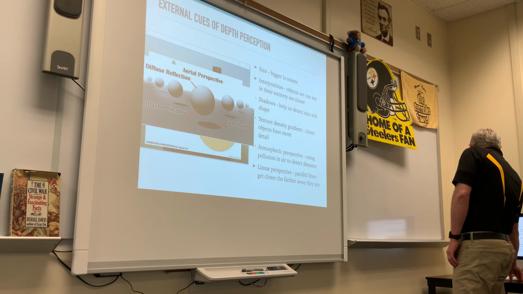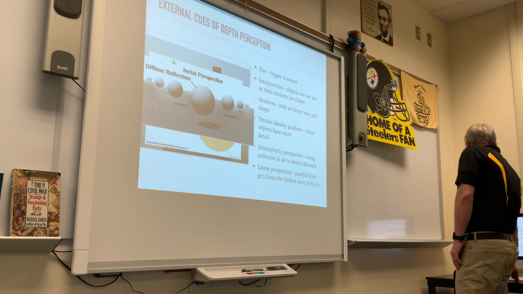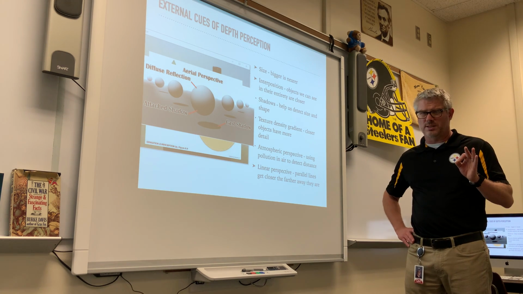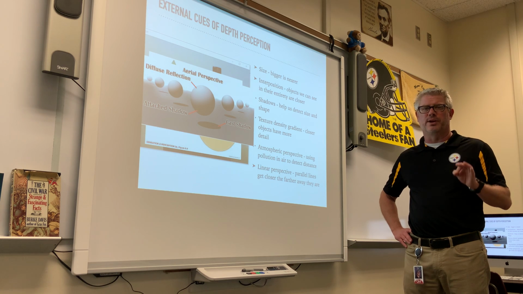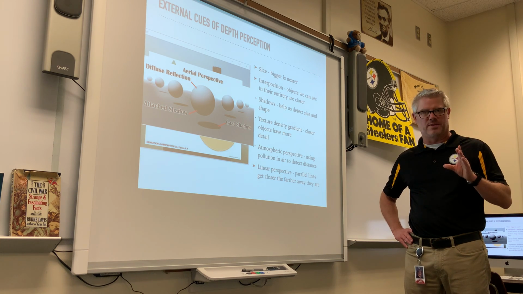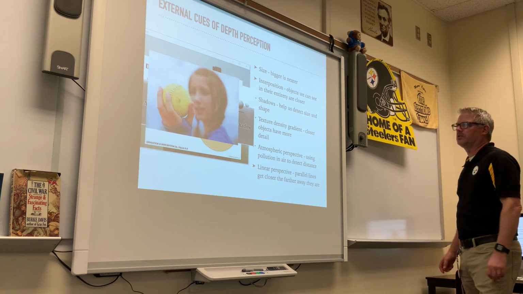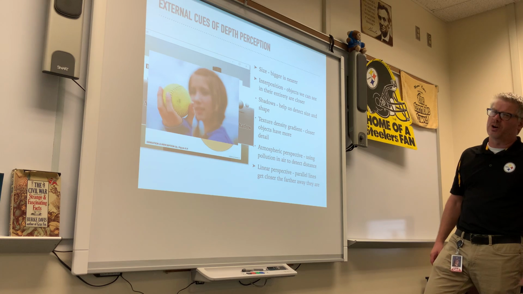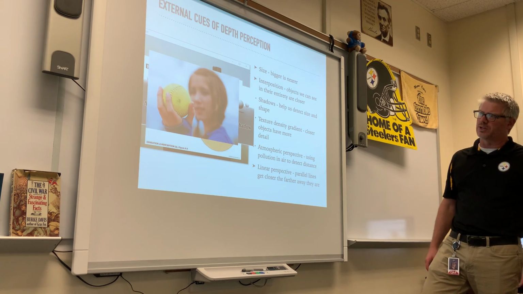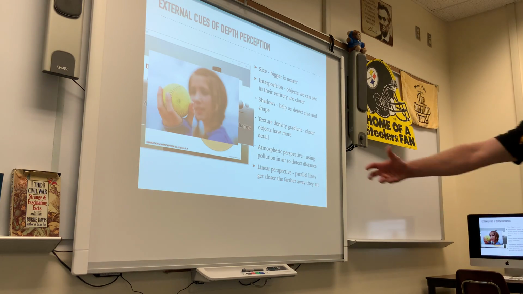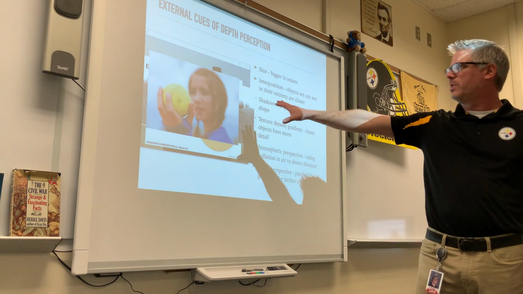Texture density gradient, that's an interesting thing. Simply put, objects that are closer to us, we see with greater detail. The texture of them is sharper and the detail is clearer. Things that are further away from us start to lose their sharpness. I don't know how well you can see the picture that I chose, but you see a girl holding a softball out in front of her.